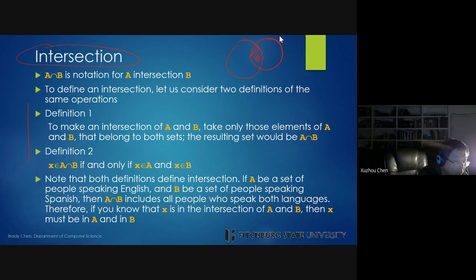They have to belong to both. So in this case, you can use the math notation: x belongs to A intersection B if and only if x belongs to A and x belongs to B. So that's the intersection.